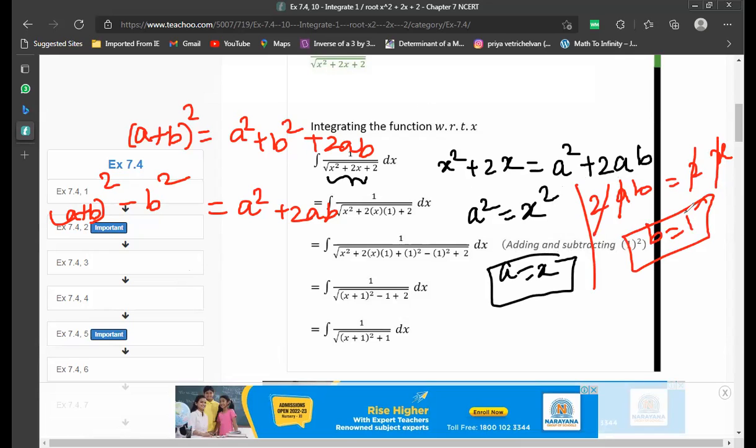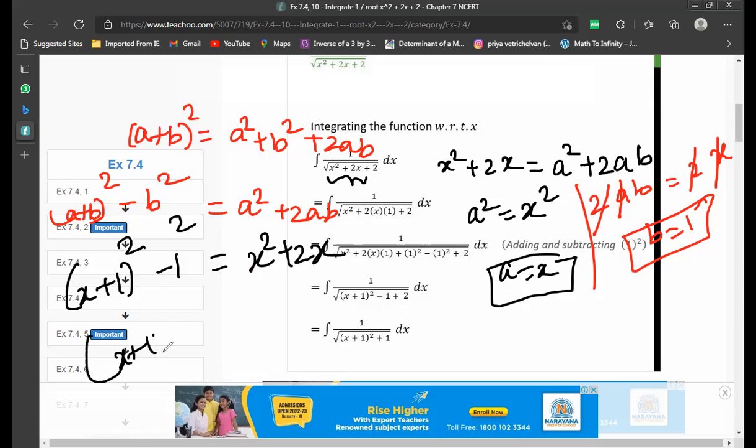Do you understand? So we are just going to rewrite a square plus 2ab as a plus b the whole square minus b square form. So what is a plus b the whole square? It's x plus 1 the whole square and minus 1 square. So x square plus 2x is equivalent to x plus 1 the whole square minus 1. Can you follow?